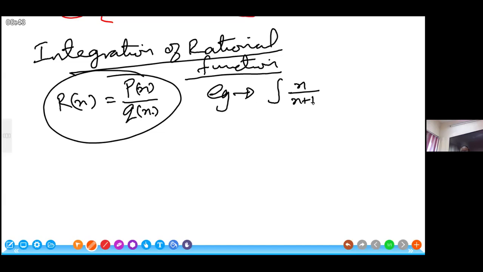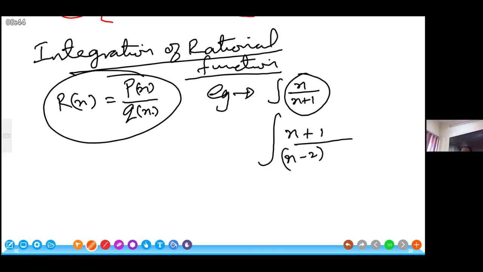Okay? x into x plus 1. Give me a second. So this is a rational function. Another rational function, integration of x plus 1 divided by x minus 2 into x minus 3. This is another rational function.